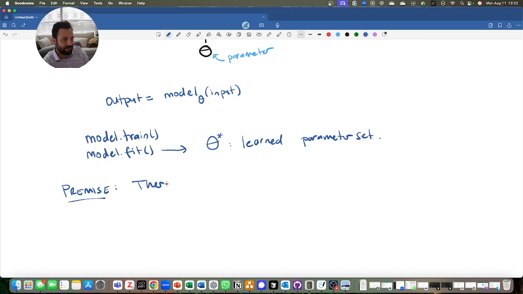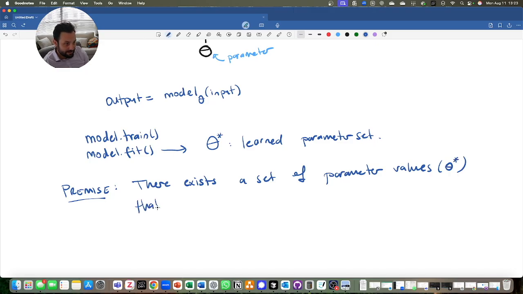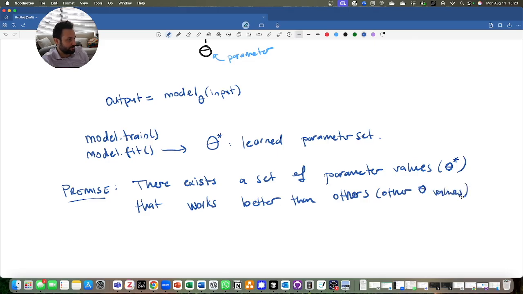In order for training to happen, our basic premise is there exists a set of parameter values, call it theta star, that works better than other theta values.